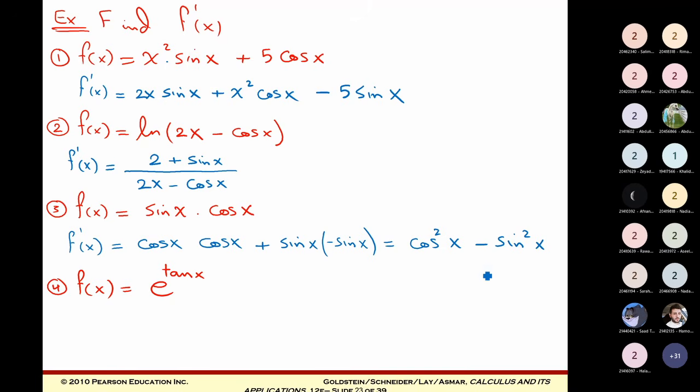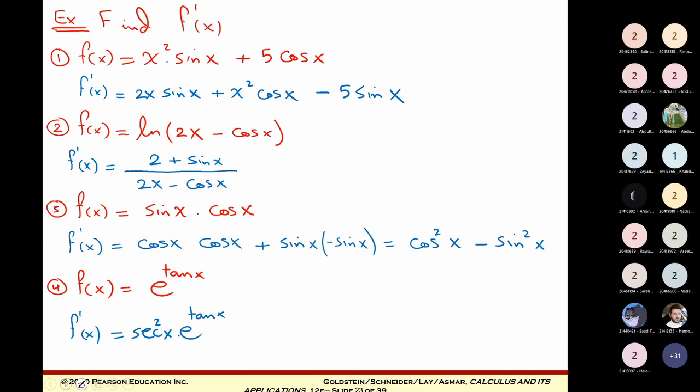No, not equal 1. This is plus equal 1. If we have cosine square plus sine square, this is 1, but we have here a difference, not addition. Now, the fourth one, the derivative of e is the same, e to the tan x, but times the derivative of the exponent. What's the derivative of tan? Secant square of x. Okay? Any question?